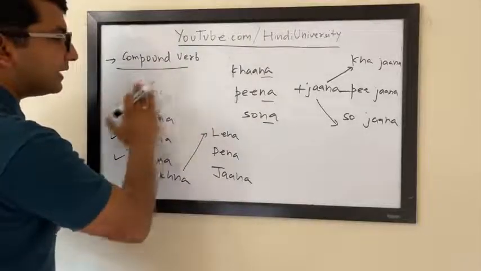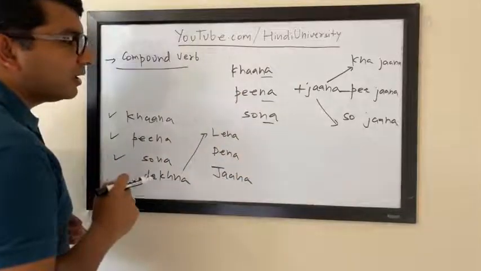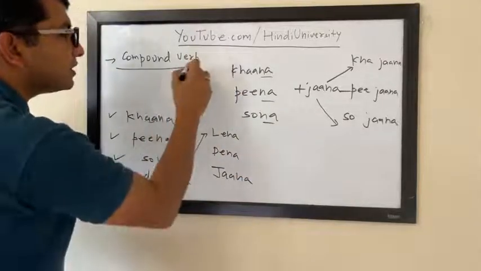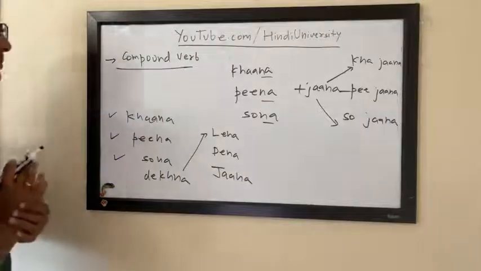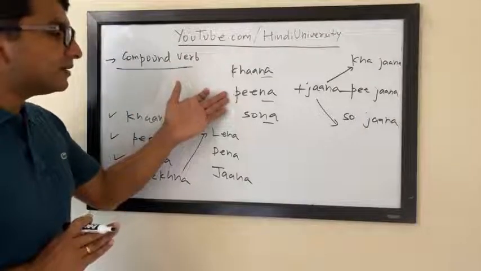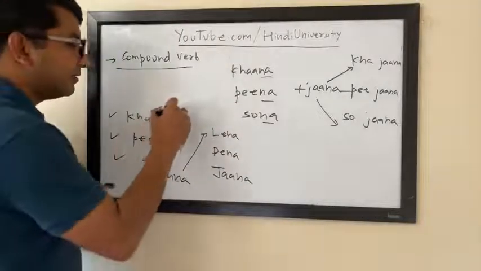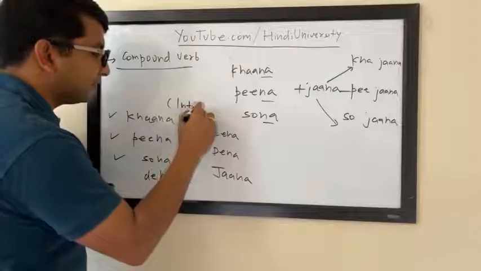Okay, what kind of verbs are these? If you were to dig deeper, Vidyaji, you have khana, pina, and sona. Are they all the same kind of verb? You eat something, you drink something. Yeah, sona is intransitive, and the rest are transitive. Very good.